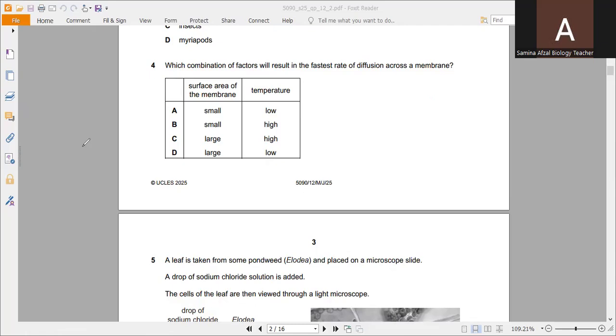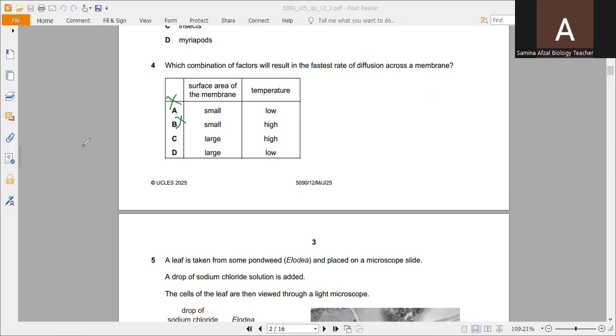So the rate of diffusion can be increased by larger surface area, because the larger surface area provides more space or doors for particles to pass through, increasing the overall speed. And temperature is a measure of kinetic energy. At high temperature, particles move faster and collide more often, which speeds up the spread across the membrane. So we need larger surface area. So A and B cannot be the correct options.